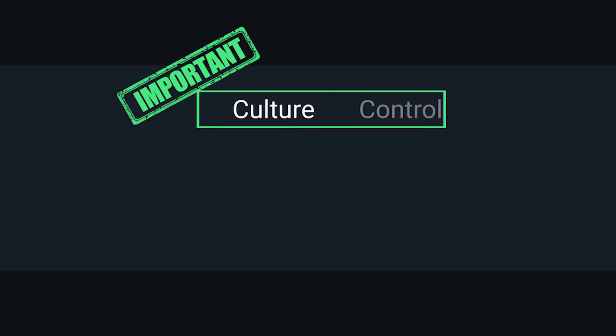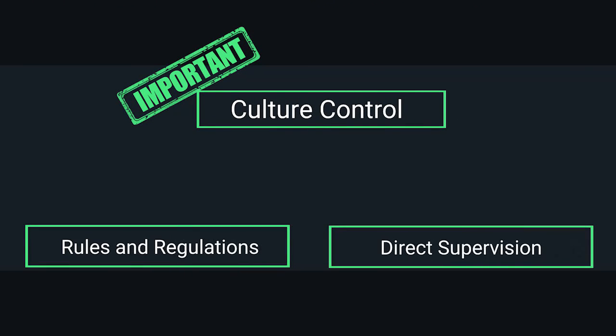Yes, you know that I have to be better than my competitor, I have to achieve X percentage market share, my share price needs to go up, but there are very different ways of doing it because the world is very uncertain. It all depends on government regulations, maybe competitive reaction, maybe certain economic conditions, and hence it is much more important that you have strong culture control rather than worrying too much about rules and regulations and direct supervision.